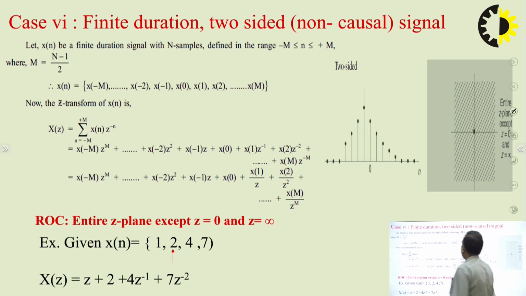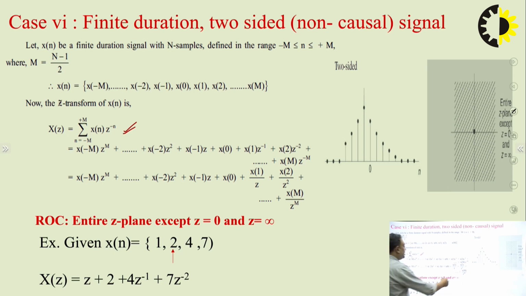And the sixth one is the finite duration two-sided or non-causal signal, which lies in both the left region and the right region. If you want to represent it, this may be the formula: X(z) equals the sum from n equals minus m to m of x[n] z to the power minus n.